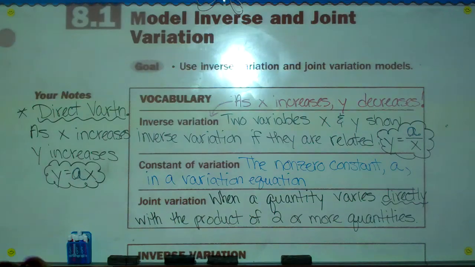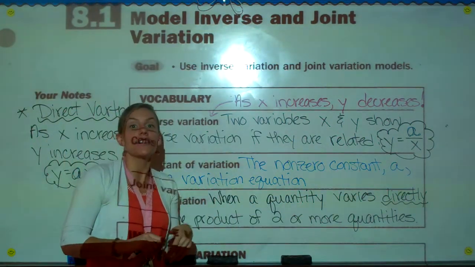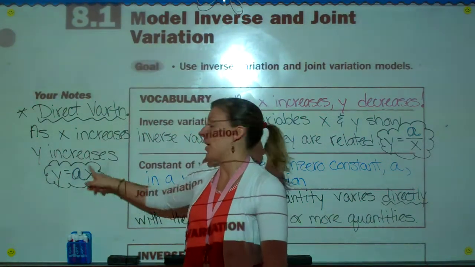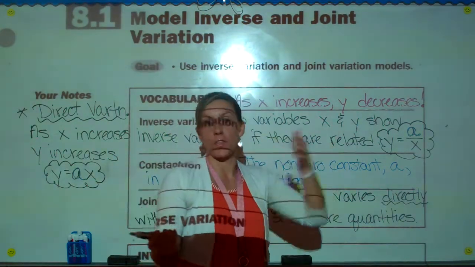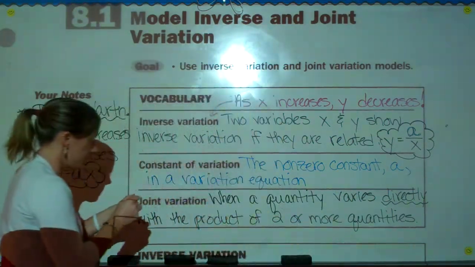We'll be practicing joint variation. It just means that instead of a times x, we're going to be multiplying a few more things. That's all it means. It's still direct, but there are multiple things involved rather than just x and y.